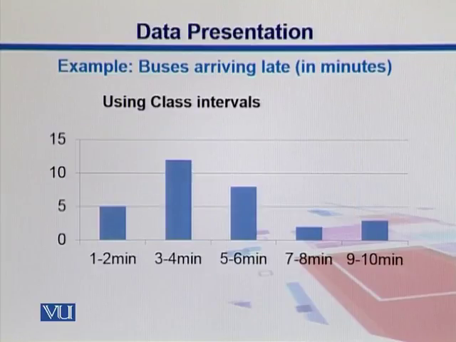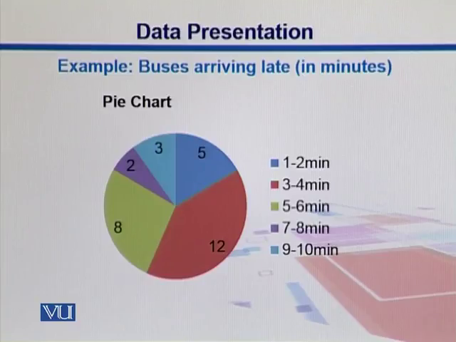Now the distribution is further reduced in data points, and we can observe the peaks are higher since we have more numbers in each class or category. We can present this data in the shape of a pie chart, where the big share is where we have those 3 to 4 minutes late. So 12 buses are there.